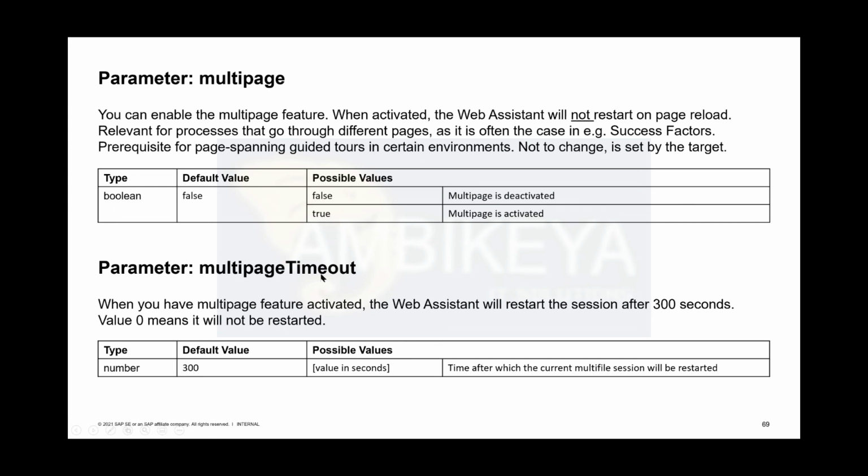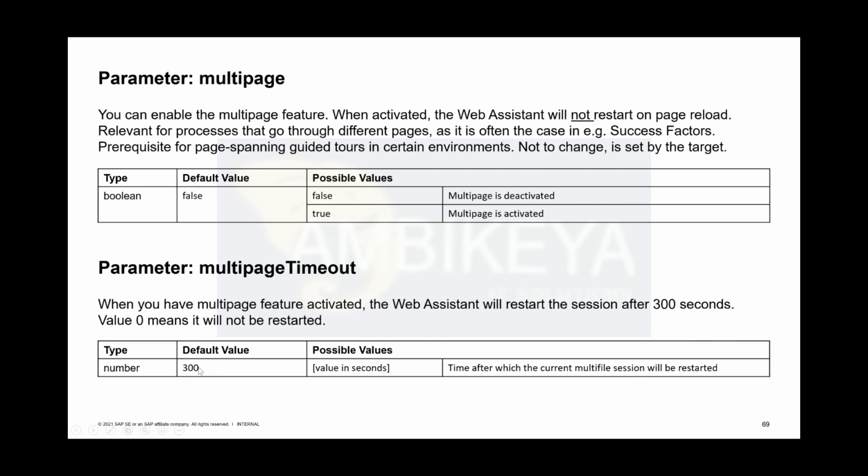But one that you might want to modify is the timeout, which is a value in seconds. 300 is a lot. At that moment in time, that multi-page memory dump times out, and then the next page change will effectively be something like a reinitialization.